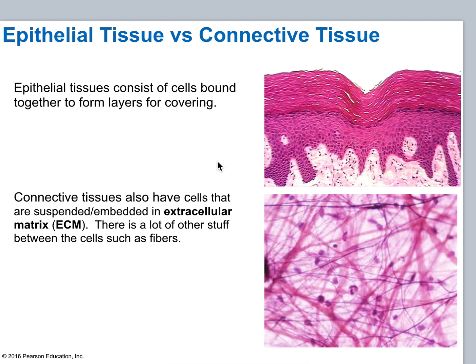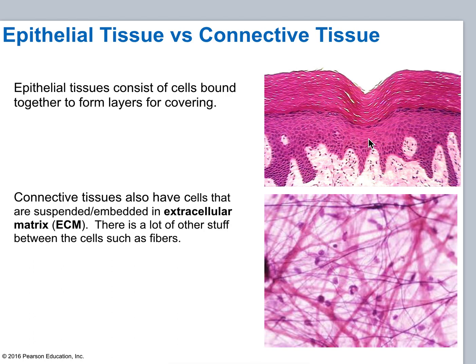Now compare that to connective tissue. Connective tissues have cells also, but the cells aren't in close contact like they are in epithelial tissue. Actually, there's extracellular material in between the cells, a lot of extracellular material in between a lot of the connective tissue. This diagram illustrates how in epithelial tissue the cells are close together, tightly packed.